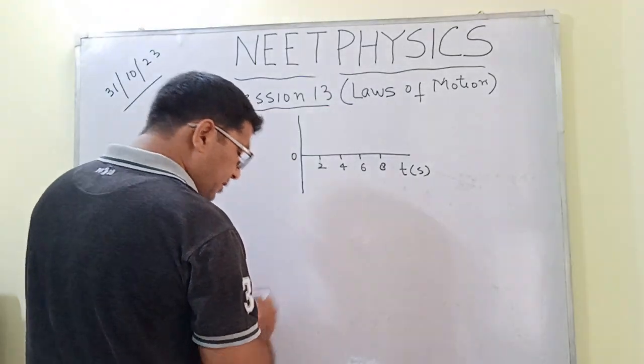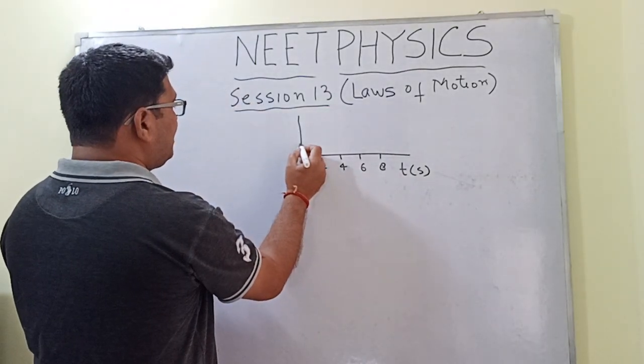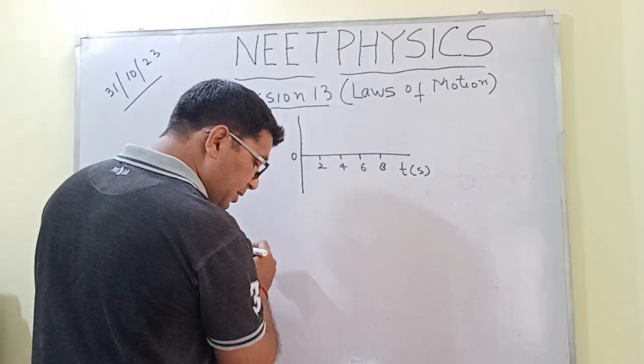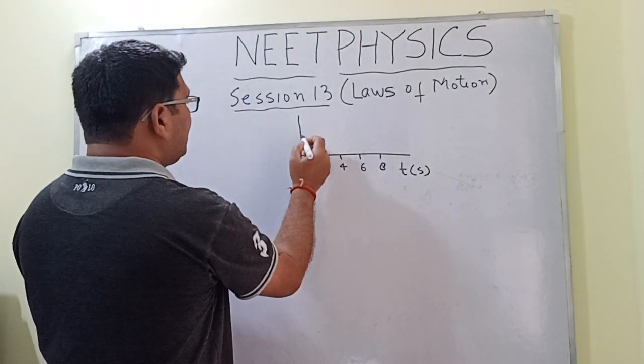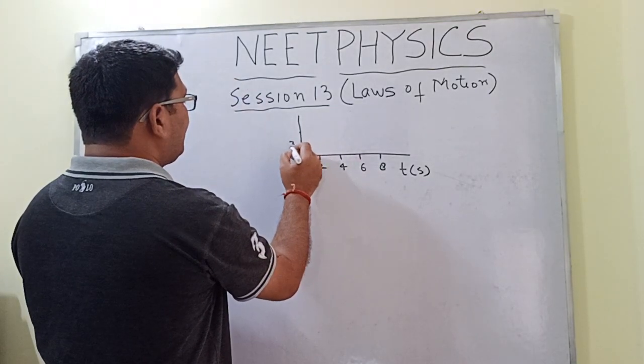And here is your force, this is 0. Then here it is given 3 and then it is given 6. This is 3, this is 6.